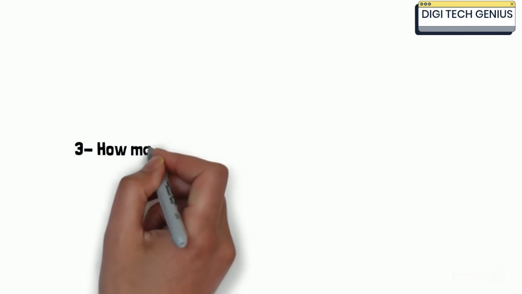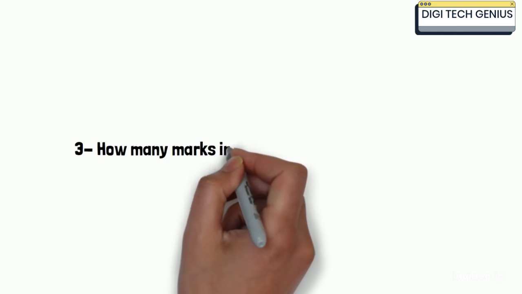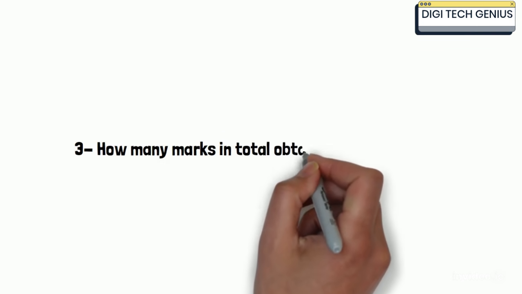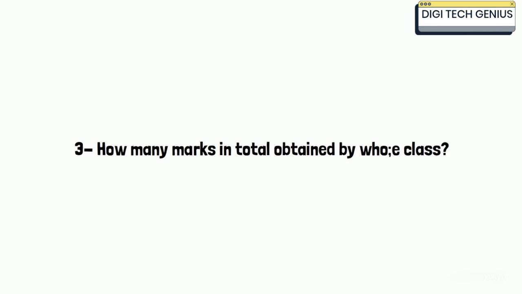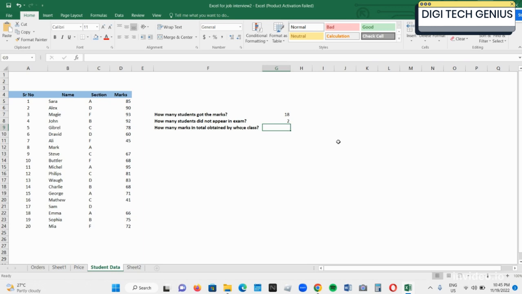The next question is: how many marks have been obtained by the whole class in total? Let's go for its answer. As we have done earlier, to find the total of anything, you use the SUM formula.